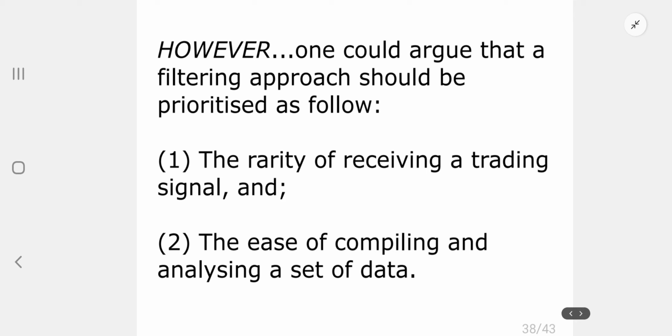However, one could argue that a filtering approach should be prioritized as follows. Number one, the rarity of receiving a trade signal, and number 2, the ease of compiling and analyzing a set of data.